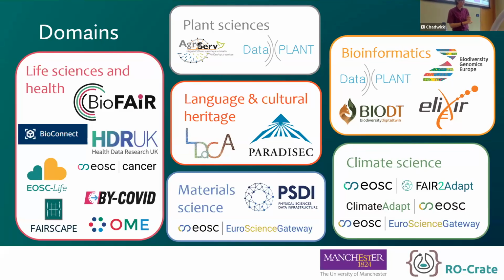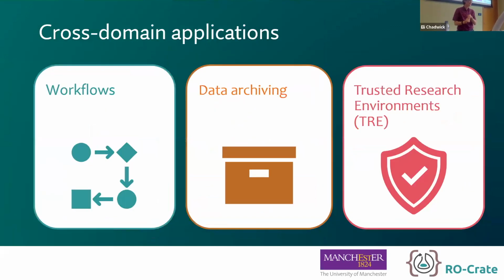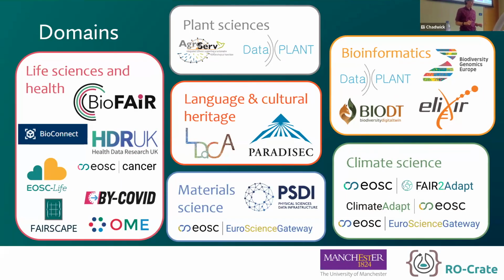But then there's people working with it in the plant sciences, also a group in Australia doing a lot of work on language and cultural heritage datasets, material scientists, and climate science as well. We've just had a couple of different projects kick off around applying RO-Crate for climate science. And there's probably some domains that I missed off here as well.